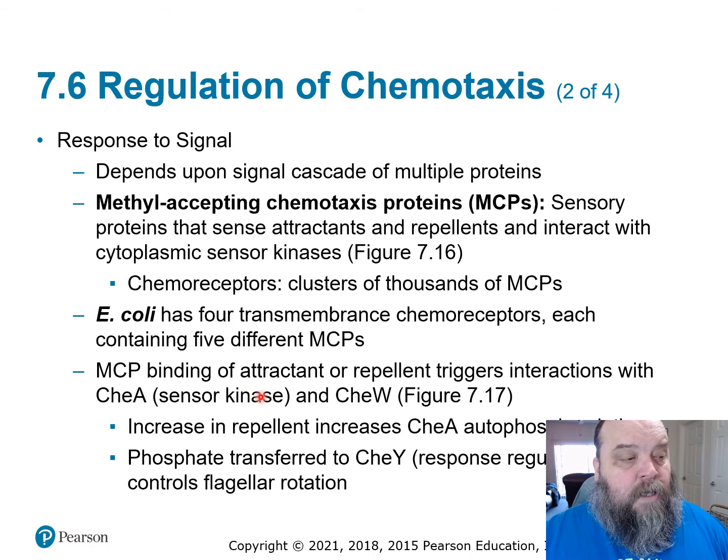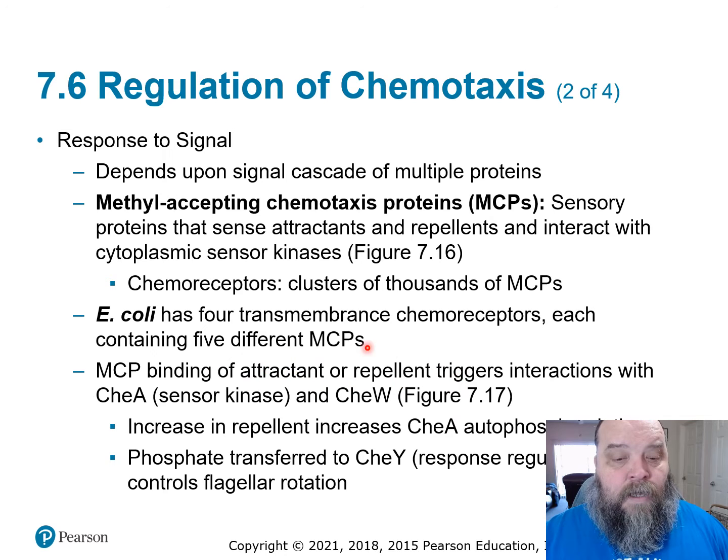What we do see is that one of the sensor kinases, CheA, is an autophosphorylator. Okay, it self-phosphorylates, doesn't need some other kinase to phosphorylate itself.